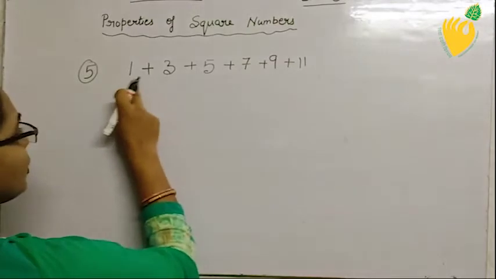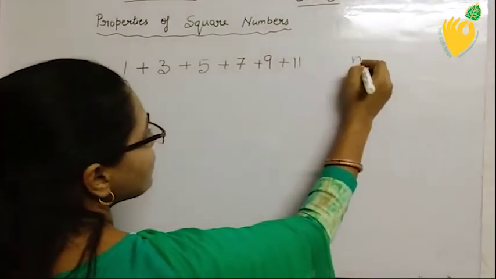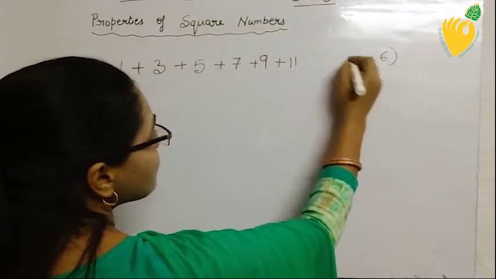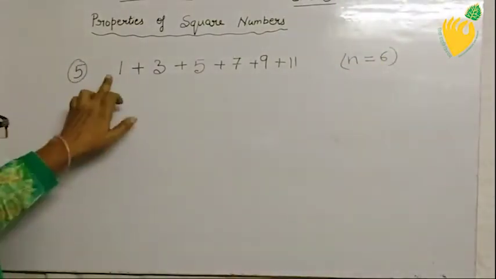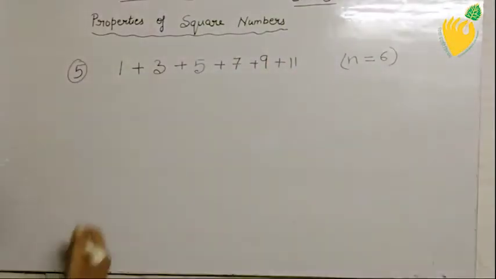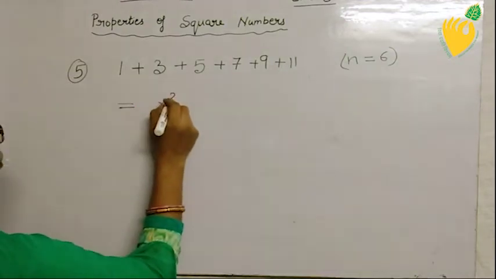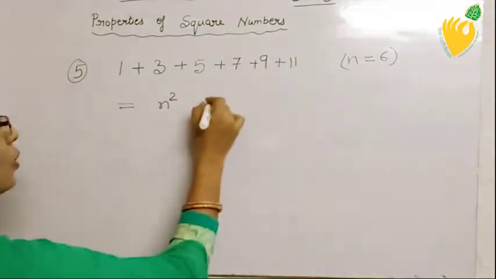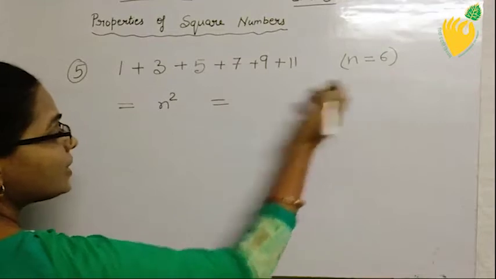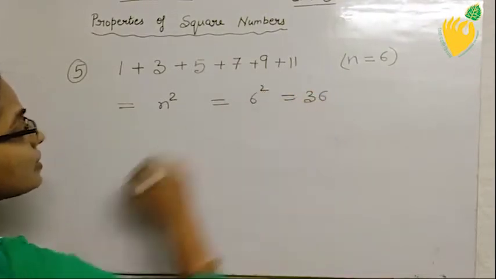Suppose I have taken these 6 numbers. So what is n here, students? 6, because our definition says n odd natural numbers. So the sum of these, as I have already told you, is n square, and n here is 6, so 6 square equals 36.